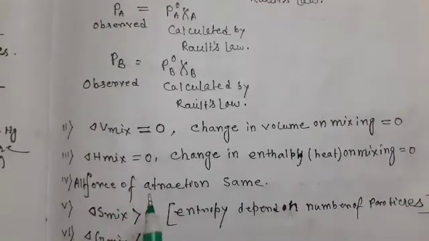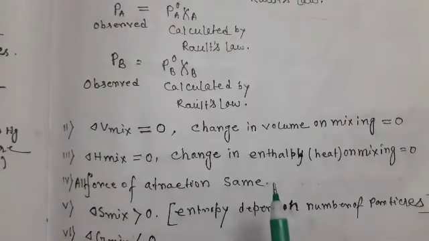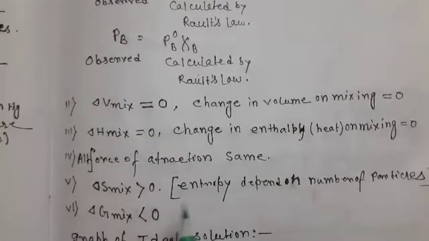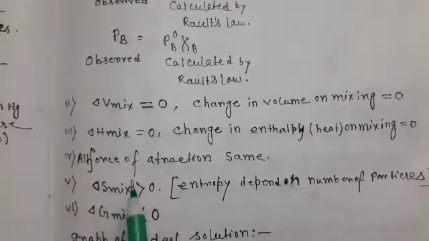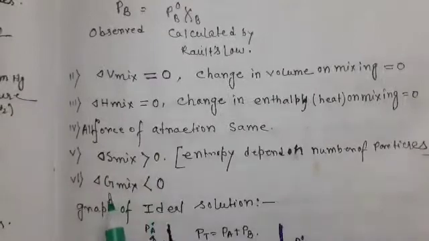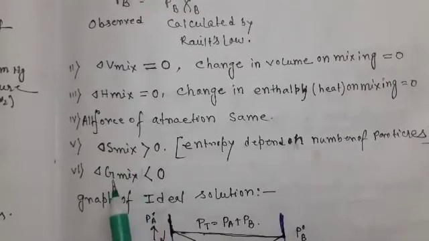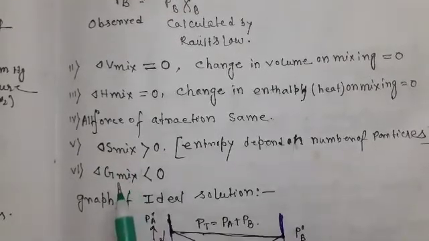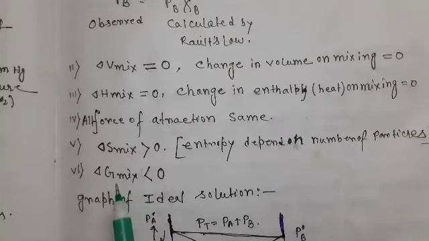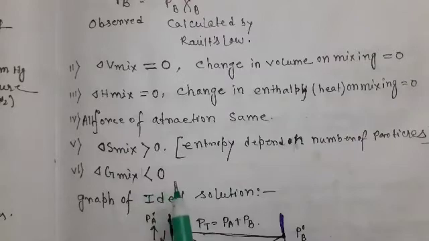All forces of attraction are the same in an ideal solution. In an ideal solution, delta S mixing is greater than 0 and delta G mixing is less than 0. Delta S mixing is the entropy of mixing, and delta G mixing means the change in Gibbs free energy on mixing.